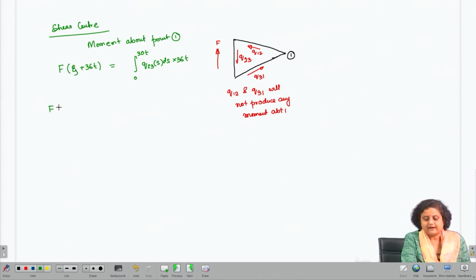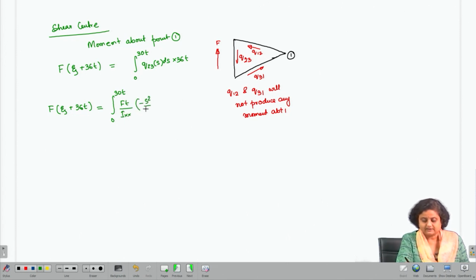So, we have to just evaluate the moment because of Q 2 3. This is an example which shows that it is important to choose the point about which we calculate the moment very carefully. Otherwise, we will still get the correct result, but the calculations are going to become extremely tedious. Therefore, it is very important to wisely choose the point about which we find the moment.